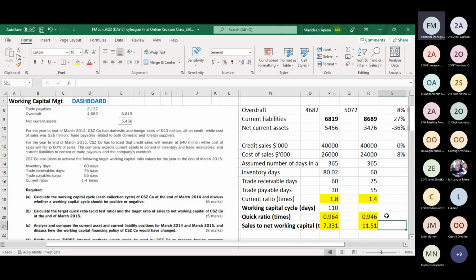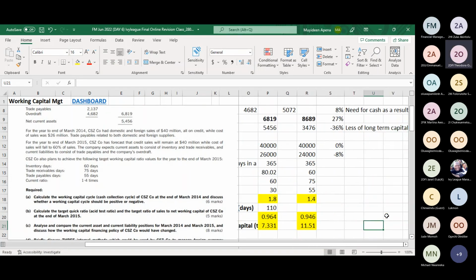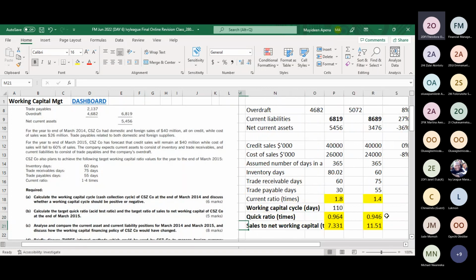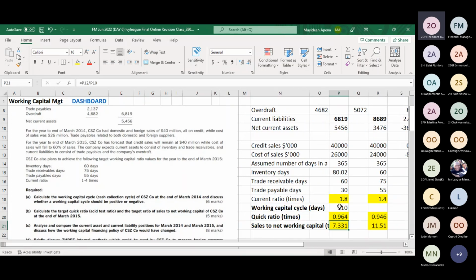Hello, did you hear me? Yes, we can hear you. Can you pick one of these variables to support your explanation? Let's say current ratio. The current ratio reduced, and the current ratio is about liquidity position. The higher that ratio, the more liquid the organization, and profitability will suffer at that point.